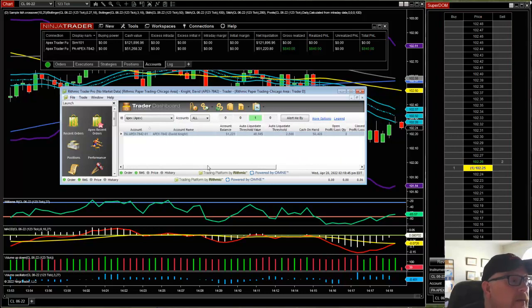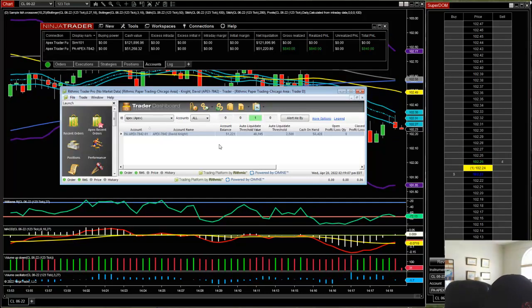What's the other side of this? 48,945, the threshold value. The difference between the two, 51,220 and 48,945, is a 2,275 spread.